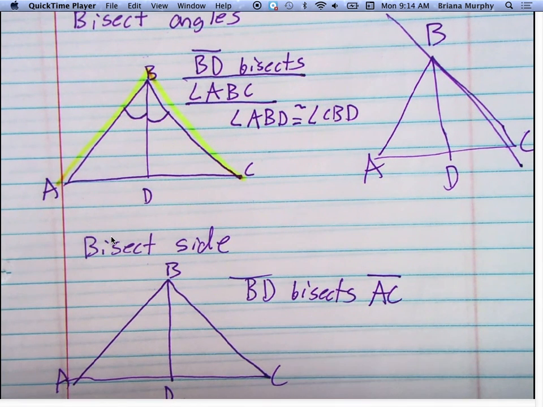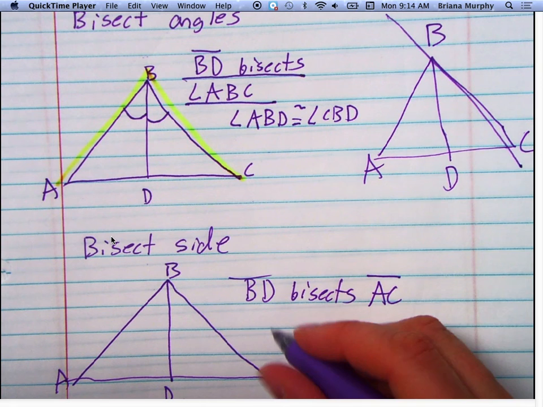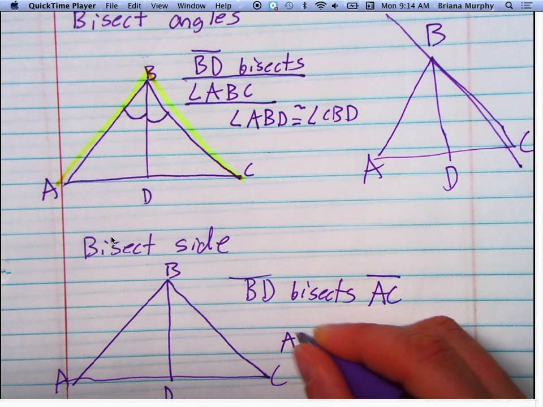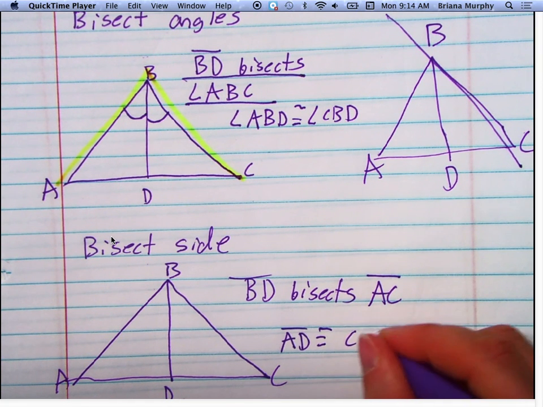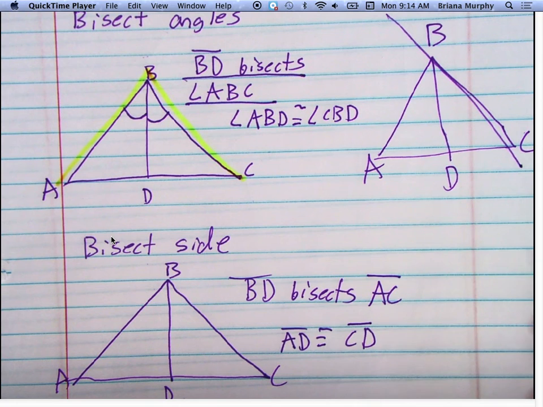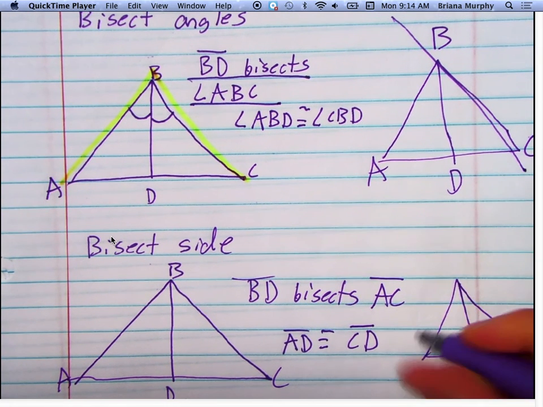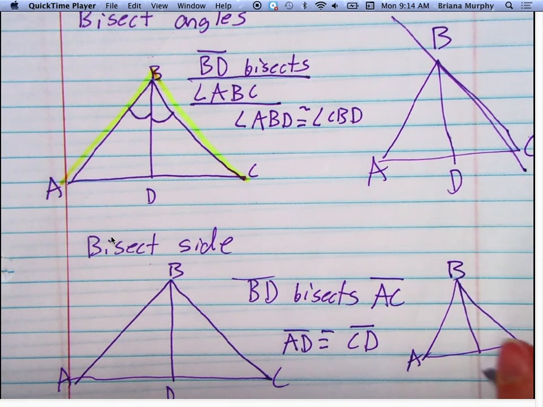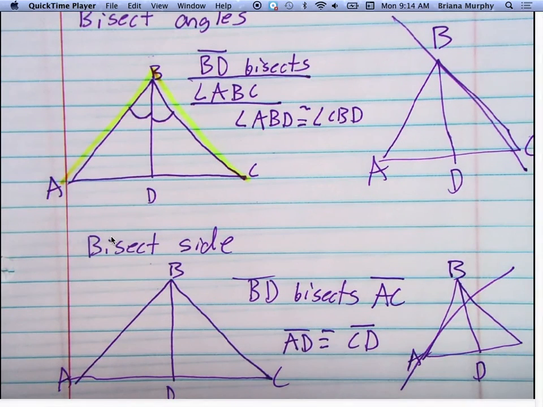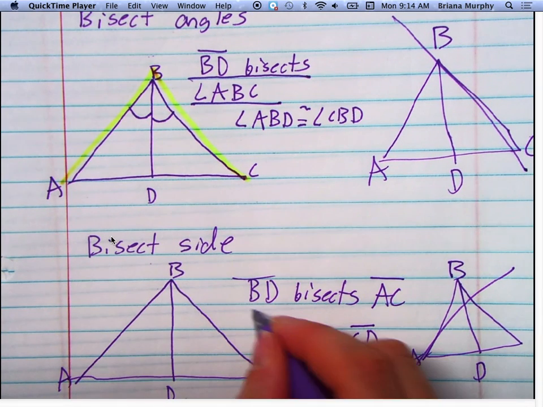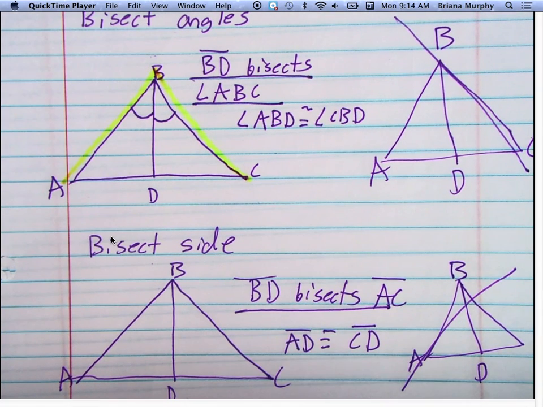It's slightly different because it's just stating differently. It's almost the same as my midpoint. This is now stating that AD is congruent to CD. Again, if I just have that picture with no statement, it is not true. Must have this statement saying these are congruent now.